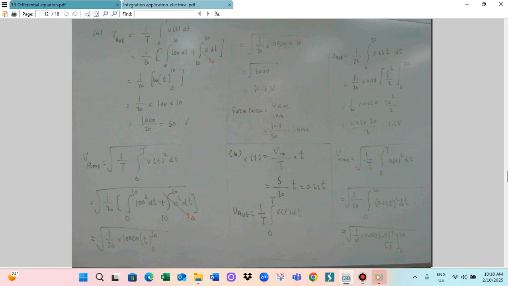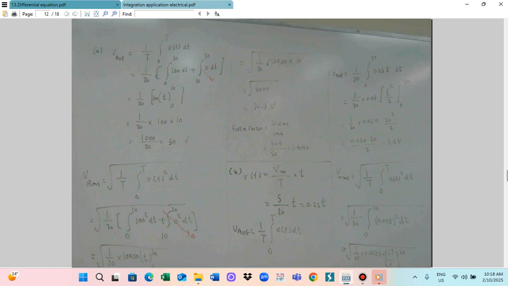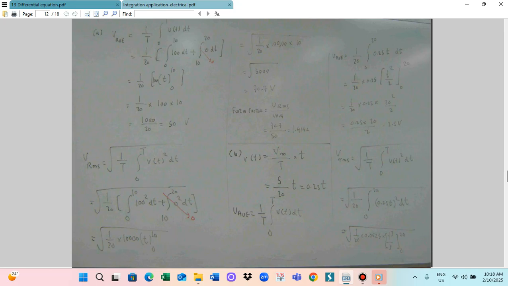So this becomes the square root of 1 by 20, multiplied by 100 square, so this is the integral of dt from 0 to 10. So this becomes the square root of 1 by 20 multiplied with 100 square, which is 10,000, multiplied by 10.